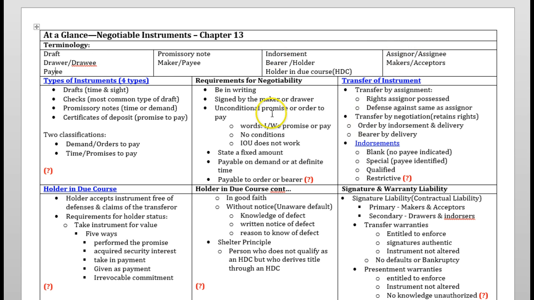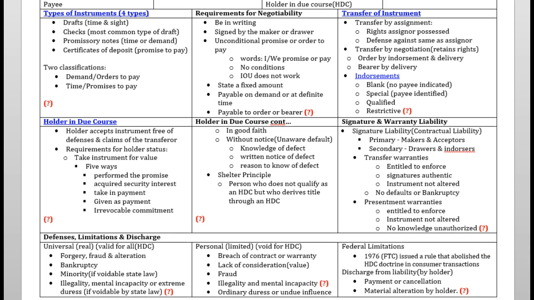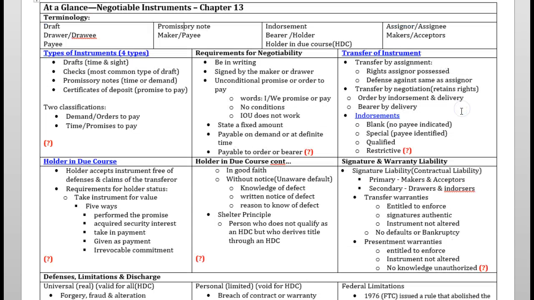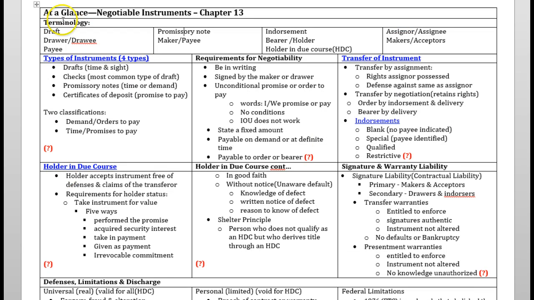Now, the next word that comes up is a promissory note, and a promissory note is a promise to pay instrument. The technical term is a written promise made by one person, which is the maker, to pay a fixed amount of money on demand or at a specific date to the payee.